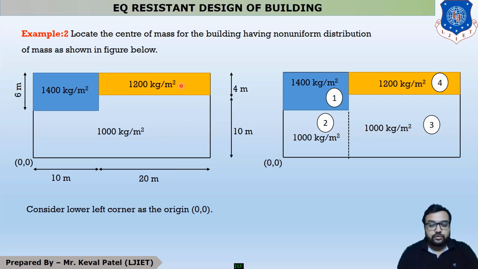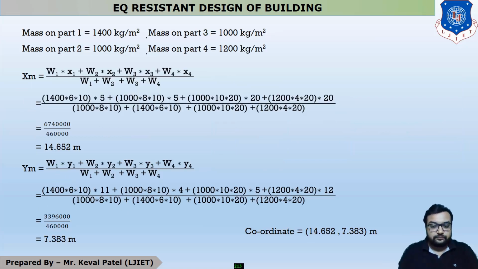This is your fourth portion. For the fourth portion, the height is 4 meter but the CG is at 2 meter. So what is the value from the origin? It is 10 plus 2, which is equal to 12 meter. So these are your values of x1 to x4 and y1 to y4.